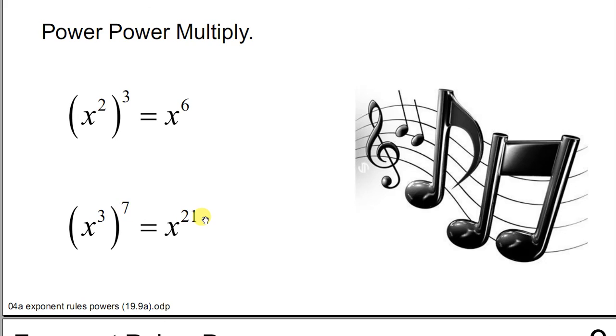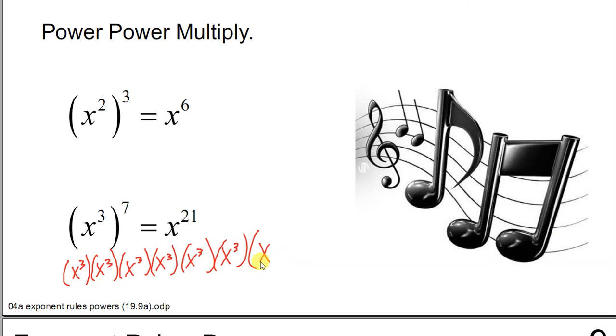3 times 7 is 21. And this really does work. You don't have to write this down, but this works. If I look at this guy, this is x to the third to the 7th power. This is x to the third, x to the third, x to the third. I know this is annoying. I have to keep going. Is that 7 of them? Is that 6? 1, 2, 3, 4, 5, 6. That is x to the third to the 7th. And what is x to the third? It's really x times x times x.